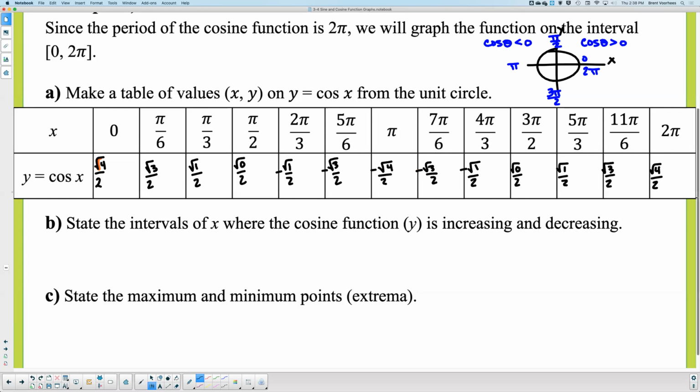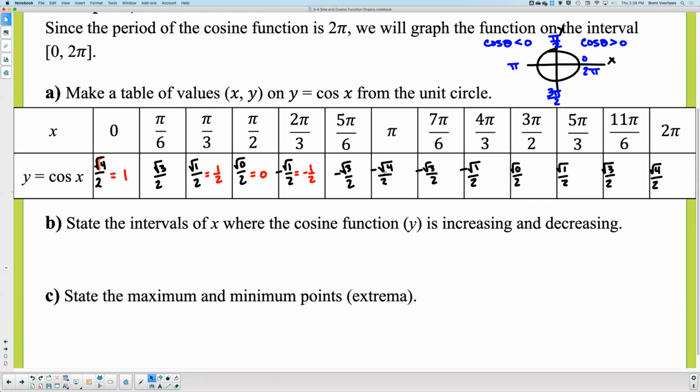Okay, and I'll reduce them all the way through now. What is square root of 4 divided by 2? 1. This does not reduce. This you can leave as is. This one becomes 1/2. This becomes negative 1/2. That stays as is. Maybe that's part of my square root.